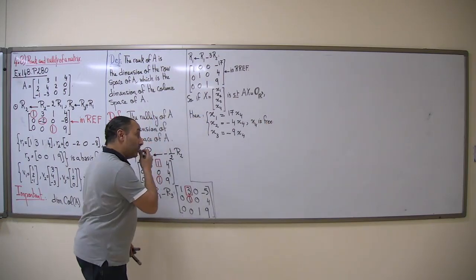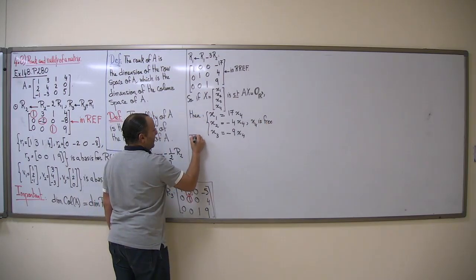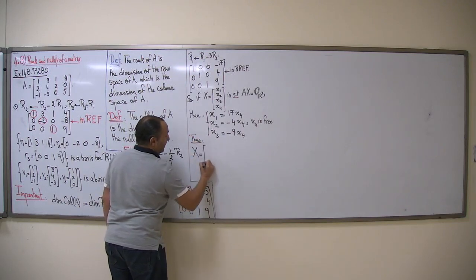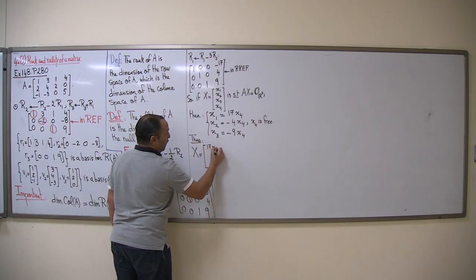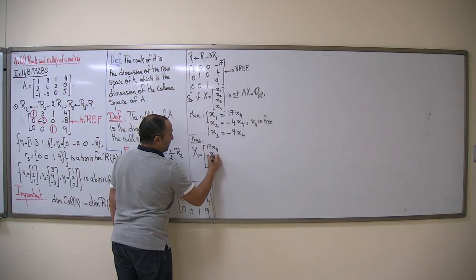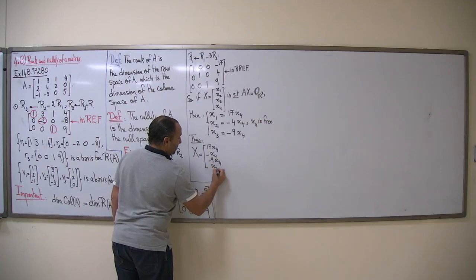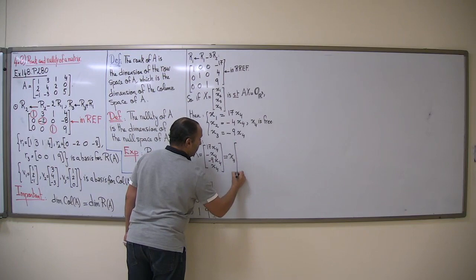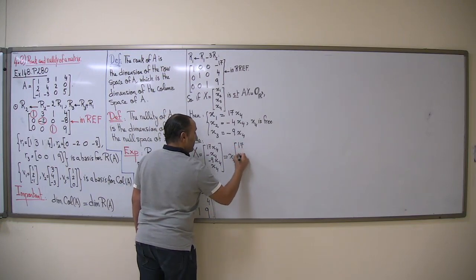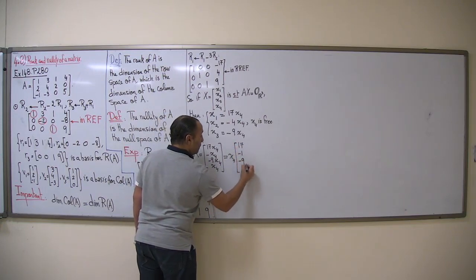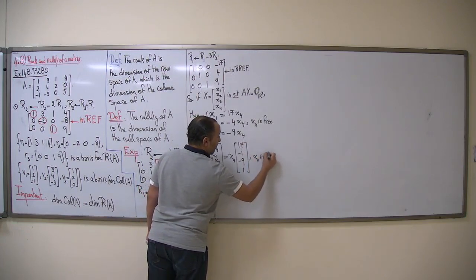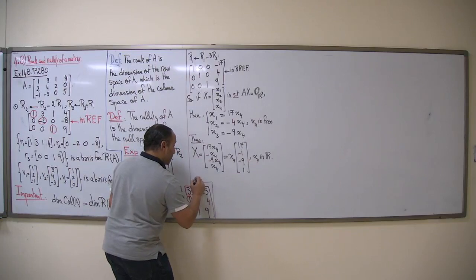Okay, and so I rewrite my capital X as equal to x4 times the vector 17, minus 1, minus 9, 1, with x4 in R.